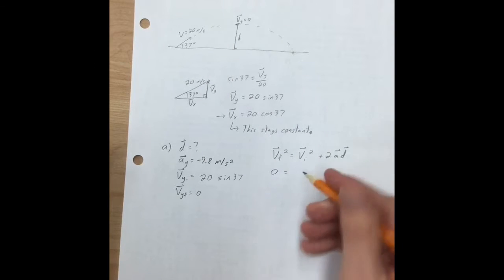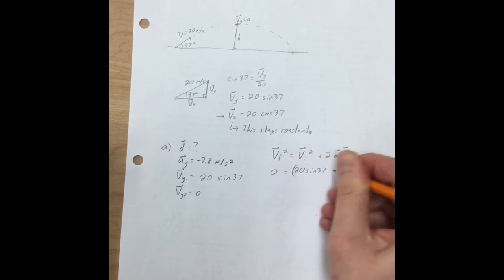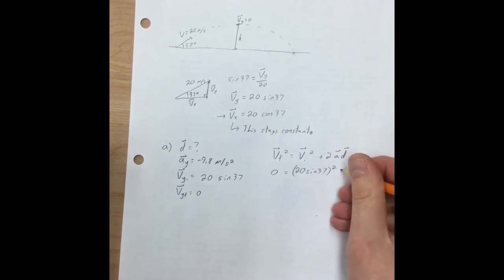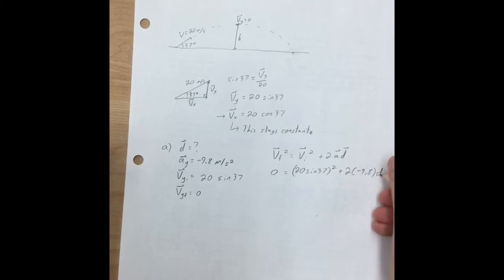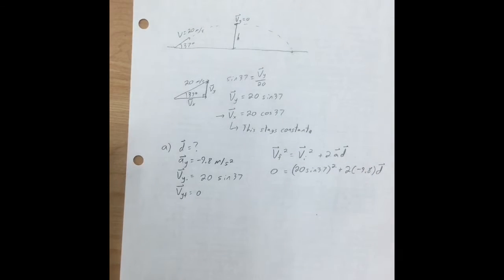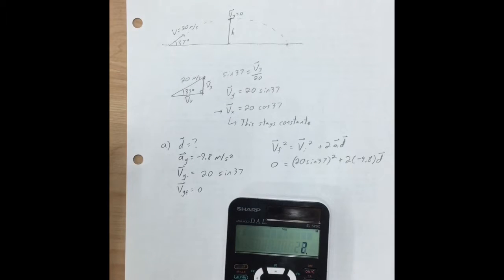So 0 equals 20 sine 37 squared plus 2 times negative 9.8 d, which is what we're trying to find. Now is probably a good time to evaluate 20 sine 37 if we're going to be squaring it. So here we go. 20 sine 37 is 12.04 if we round to 2 digits.